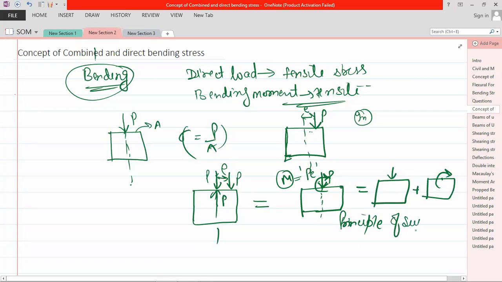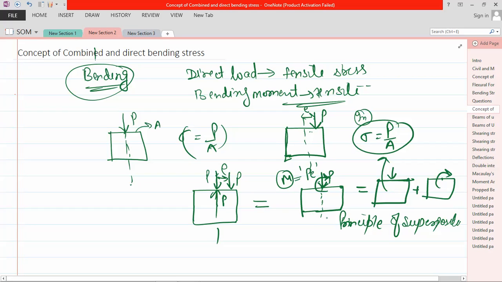Principle of superposition. That means for this you can note sigma is equal to P by A. That is uniform, which means if I consider this surface, it is uniform over this whole surface.